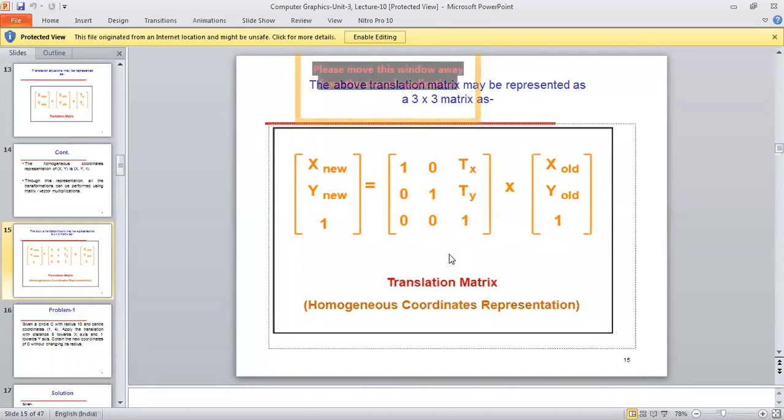You will get the same value if you use this matrix or directly the equation: x new is equal to x old plus tx, y new is equal to y old plus ty. So this is called the 2D representation in the form of a 3 by 3 matrix. This is used for the translation: Tx, translation along the x-axis, Ty, translation along the y-axis, and so on.